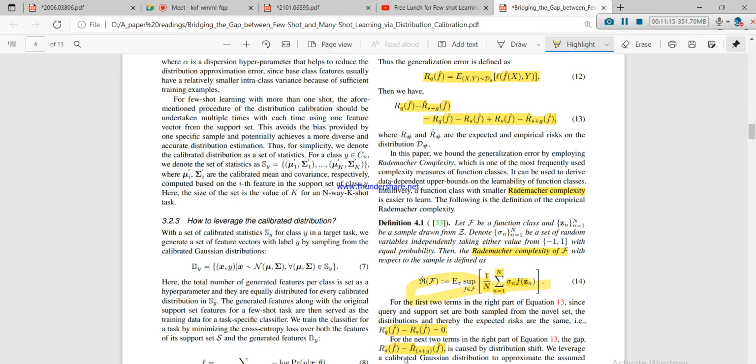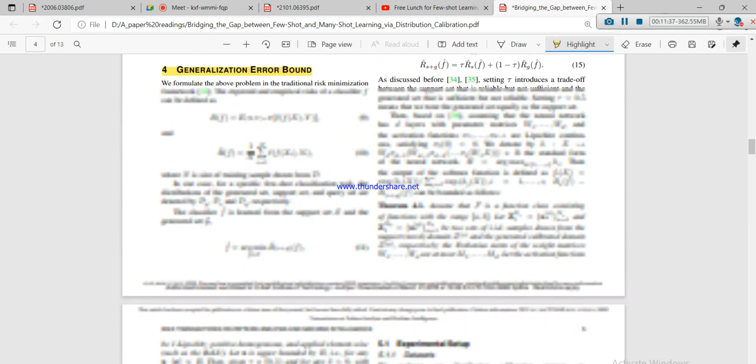They have leveraged a calibrated Gaussian distribution to approximate the assumed Gaussian distribution of the support novel set, and thus there exists a distribution shift error consisting of a distribution assumption error and a distribution approximation error.